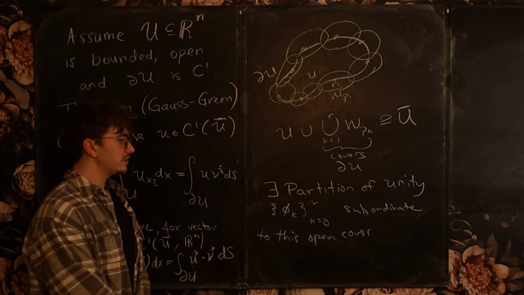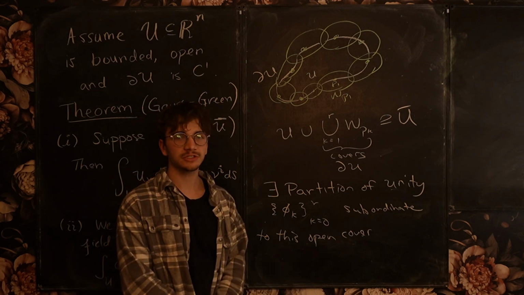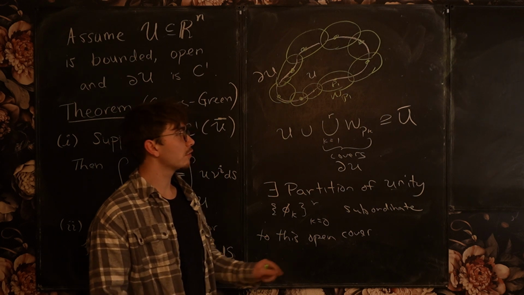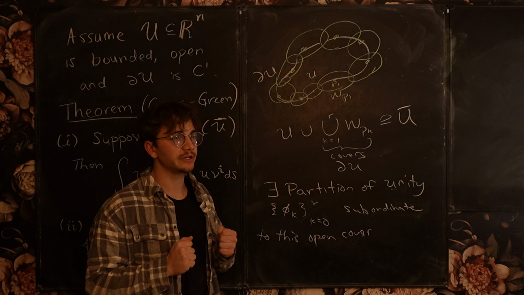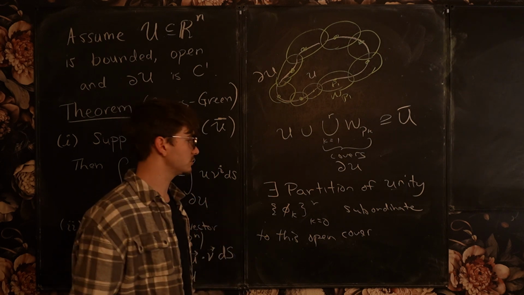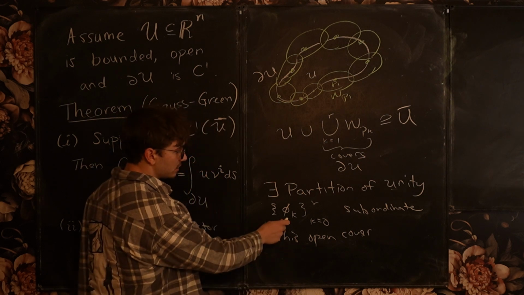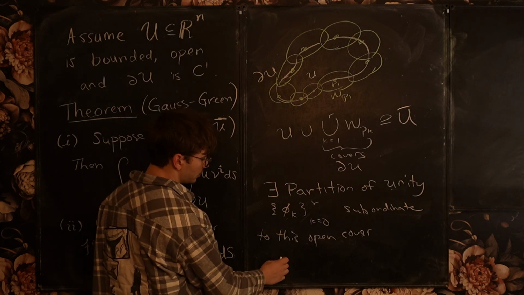So what does this mean? For those of you who haven't learned manifolds or haven't seen partitions of unity, it's an extremely powerful tool for gluing together local properties to understand global properties on a manifold. Here we're just working in Rn, so you don't need to worry about manifolds. But what is a partition of unity? Well, it's all these functions, and essentially each function satisfies two properties.